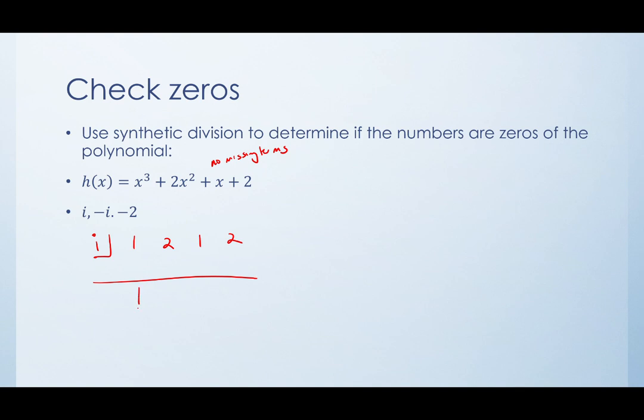We're going to bring down the 1. 1 times i, of course, is i. 2 plus i is 2 plus i. We're going to multiply that by i, so we've got 2i plus i squared, which means minus 1. 2i minus 1 plus 1 is going to be 2i. And 2i times i is going to be 2i squared, which is minus 2, which is 0. So we know i is a factor.